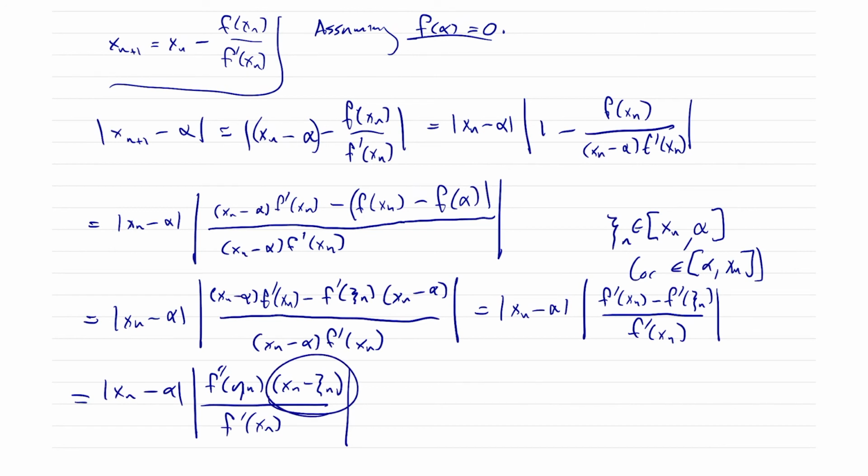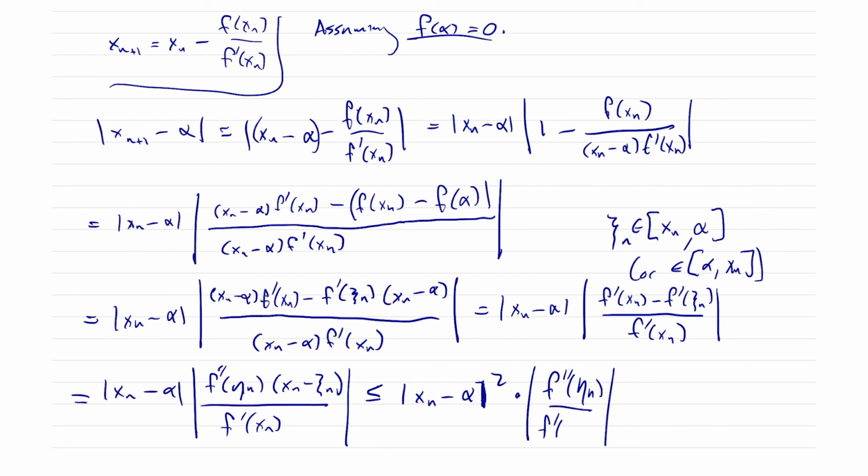Now, because cn was between xn and alpha, that means that xn minus cn is smaller than xn minus alpha, so I get this. This is less than or equal to xn minus alpha squared times the absolute value of f double prime of eta n divided by f prime of xn.